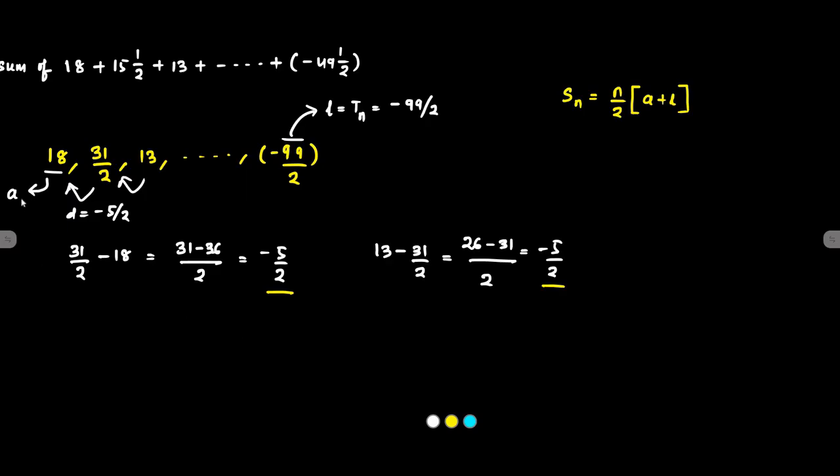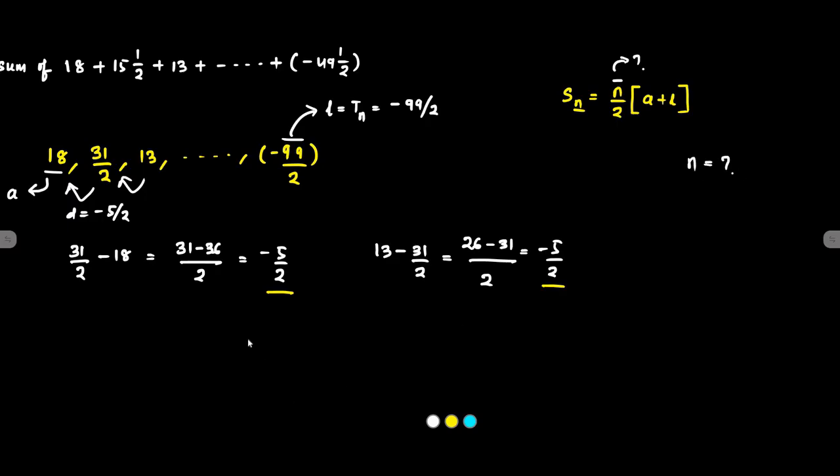We have the value of a, we have the value of L, but we don't know the total number of terms present in the given arithmetic progression. So we have to find out the value of n.